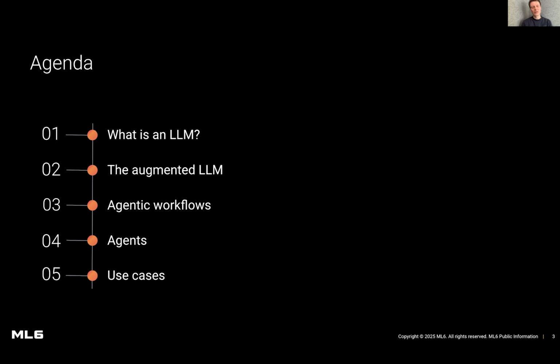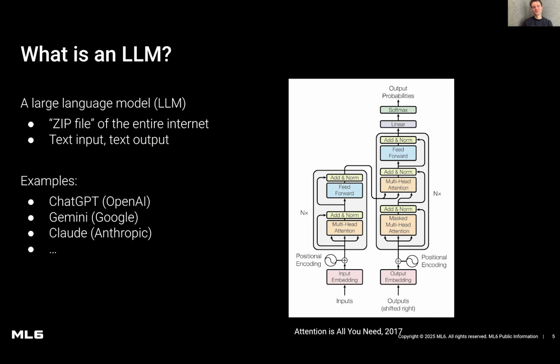And then I will make the difference clear between building agentic workflows and fully autonomous agents, because there's an important difference between both. And finally, I'll discuss some use cases that we have implemented already for large companies here at ML6. But let's start off with the starting point of any agentic system, which is a large language model.